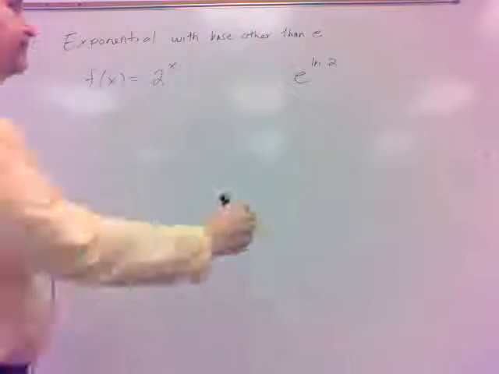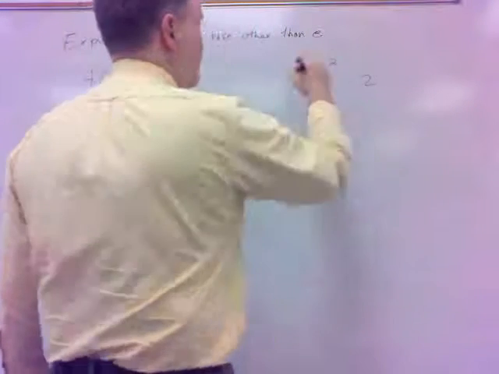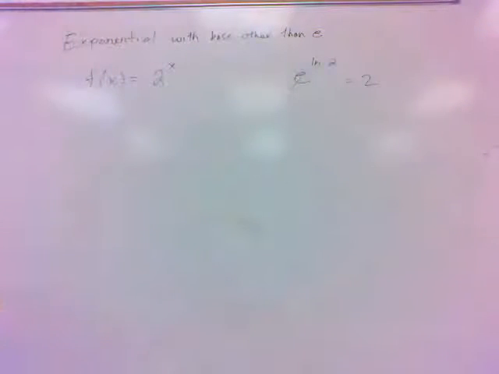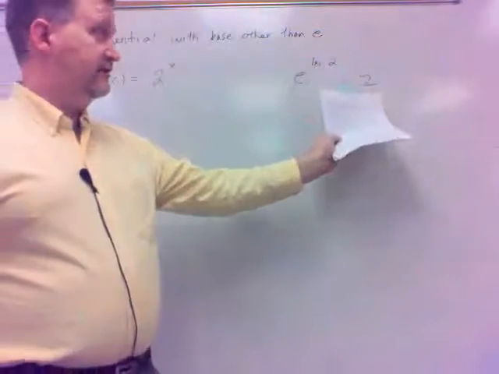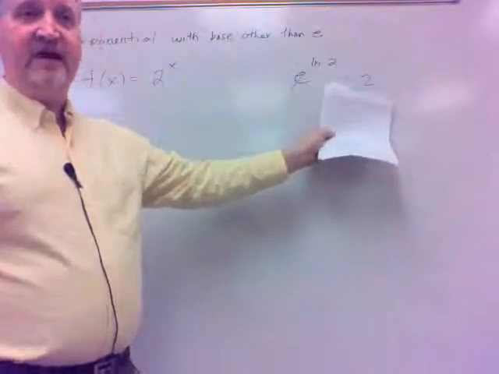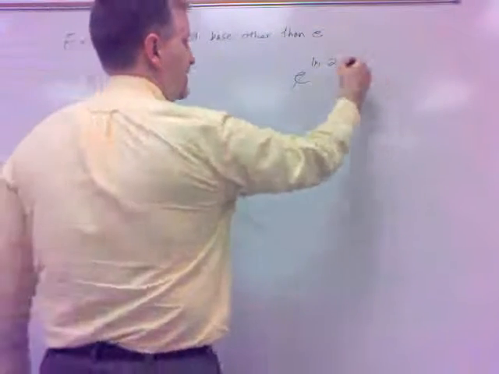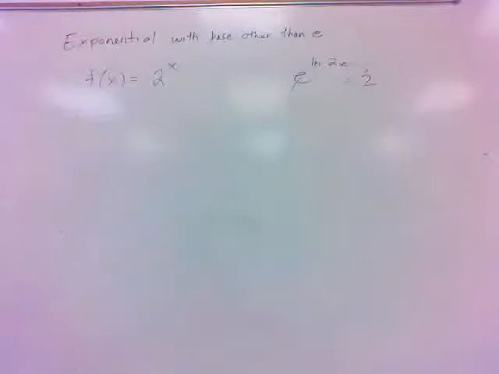Gives me 2. Yeah, because the e and the ln cancel out. Now usually we're canceling out to get 2. However, let's reverse this and say, hey, I can write 2 as e to the ln of 2. And you might be thinking, why in the world would I want to do that? Well, there's a reason. Okay.